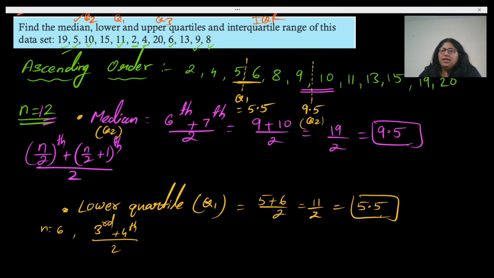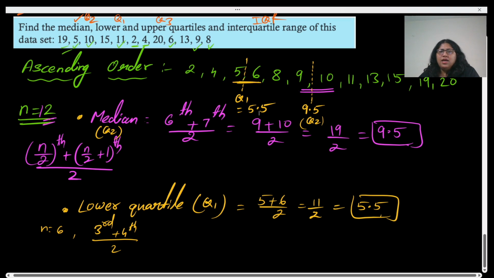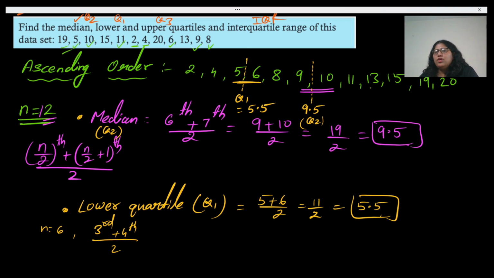You can see that each median divides the data set into two equal halves. So at 5.5, on the left side there are 3 values, and on the right side also there are 3 values. Now how do we get the upper quartile? For the upper quartile, you need to find the median of the upper half of the data. Again there are 6 values, and the middle values are 13 and 15. So what is your Q3 here?